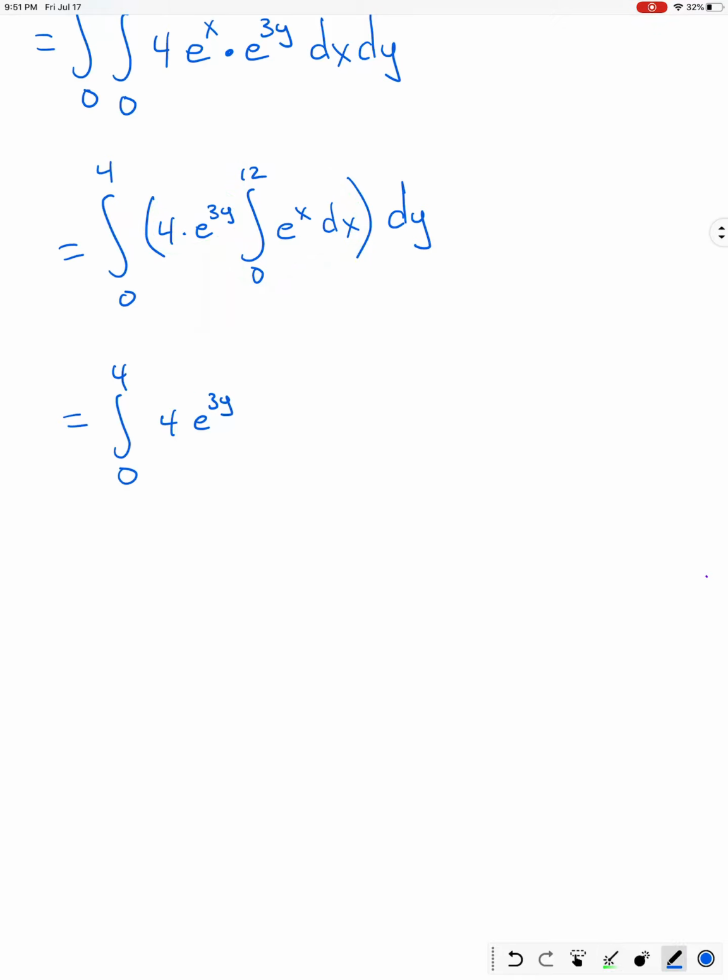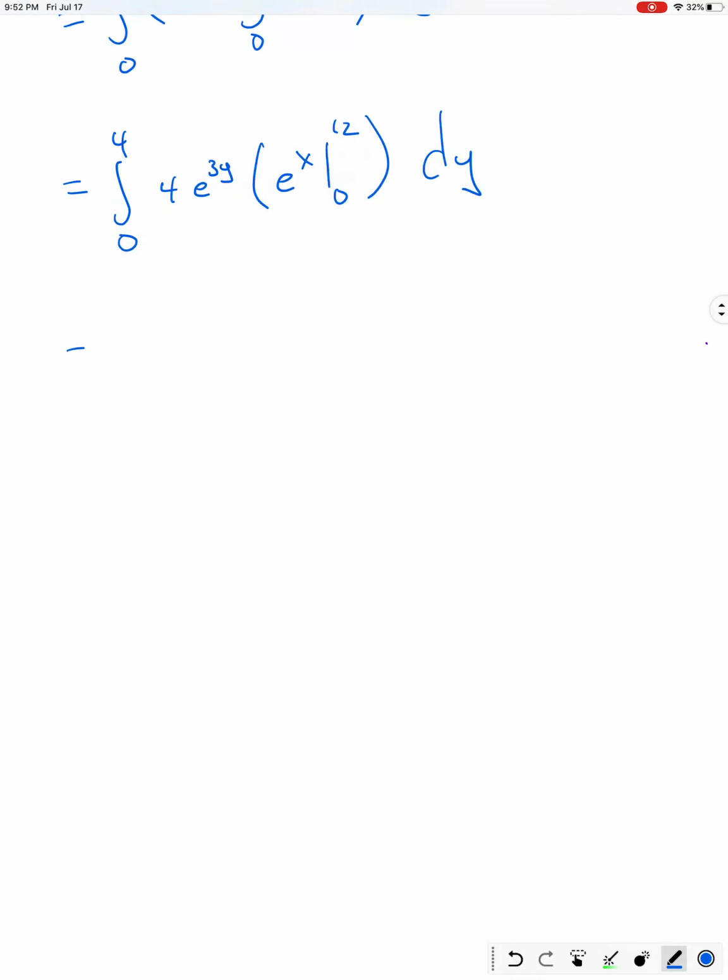The antiderivative of e to the x is e to the x, evaluated from 0 to 12, still with dy.